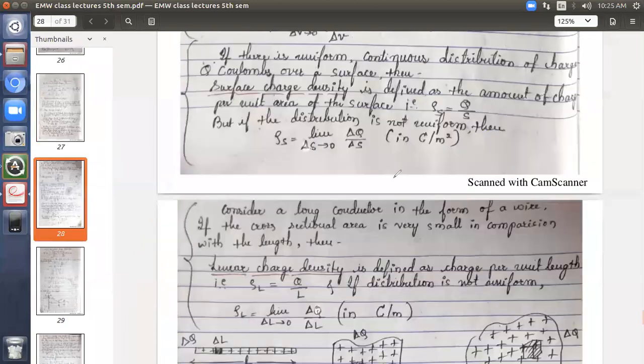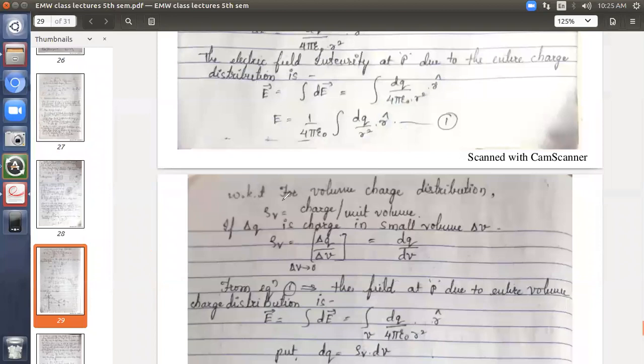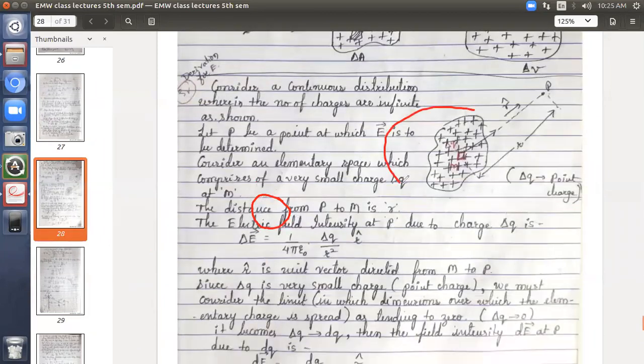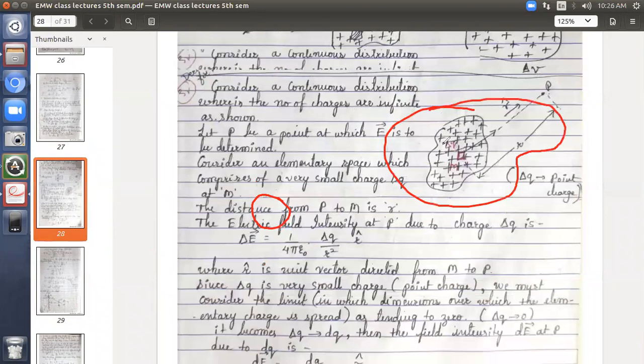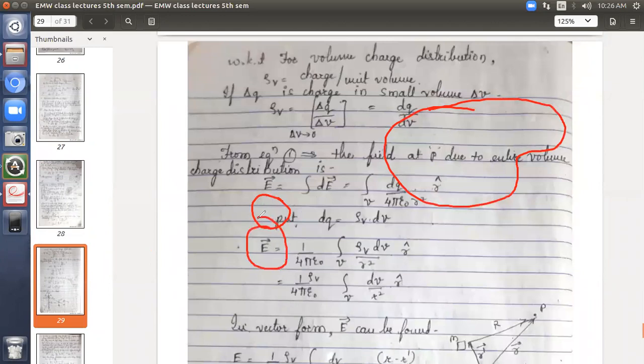In the previous class, we made use of rho V, and this is the figure we used, and we found the expression for E. The same thing, field due to volume charge, is completed. Now we are going to deal with the field due to line charge.